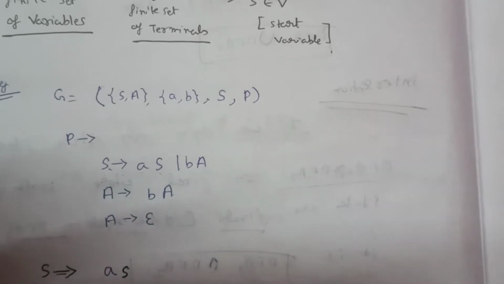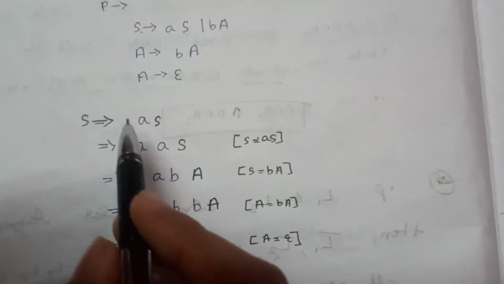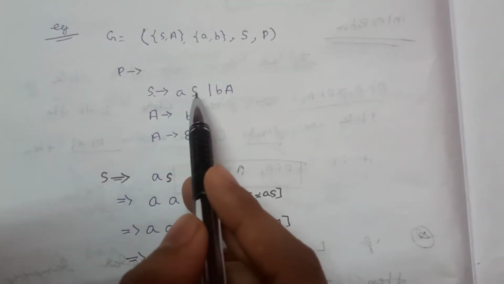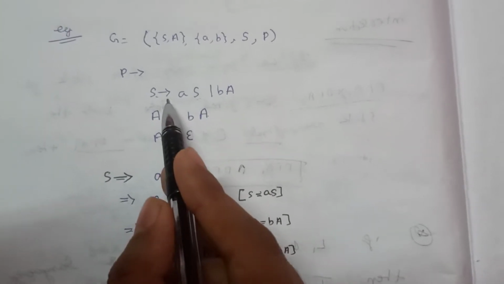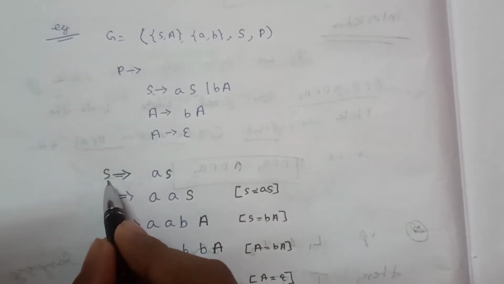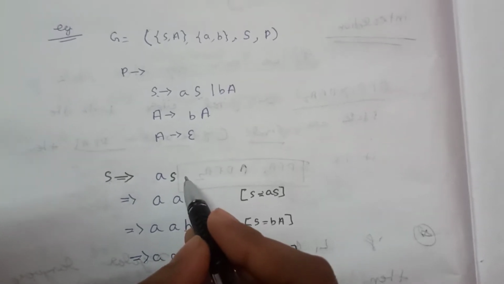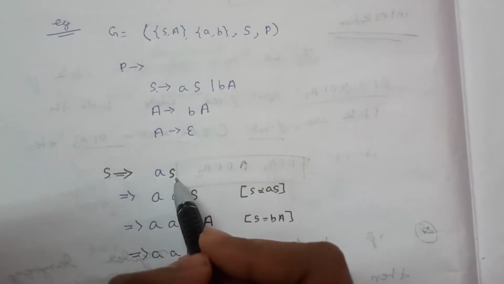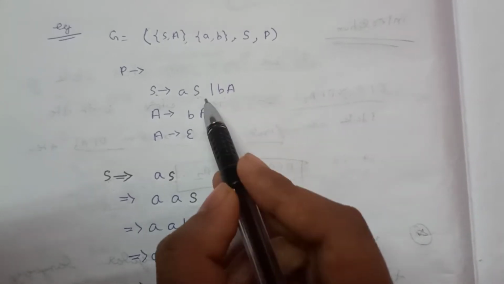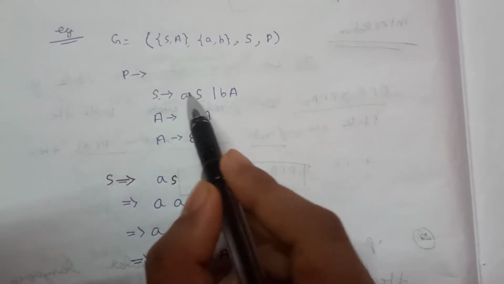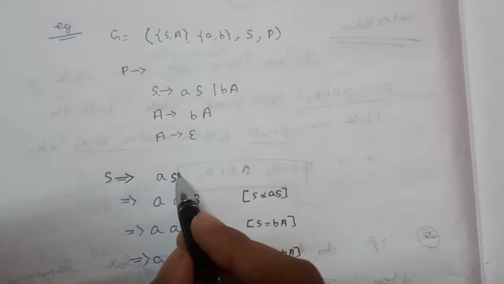So from S to aS, I can take either of these things. We are starting with S, and from S we are having aS for this particular example. Again we get another S, so again from this S we can have another aS, because we have S to aS, this is the production rule.